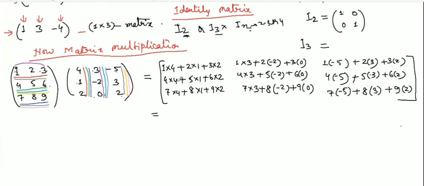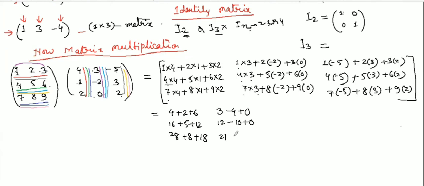So here, multiplying it out, it will be 4 plus 2 plus 6, and then 16 plus 5 plus 12. Then 28 plus 8 plus 18. Now in the second column, multiply it out: 3 minus 4 plus 0, 12 minus 10 plus 0, 21 minus 16 plus 0.